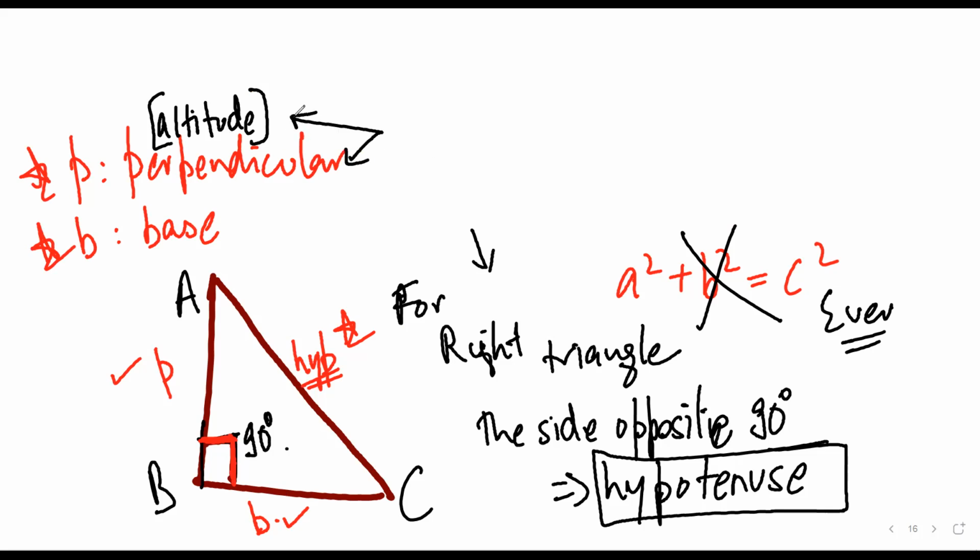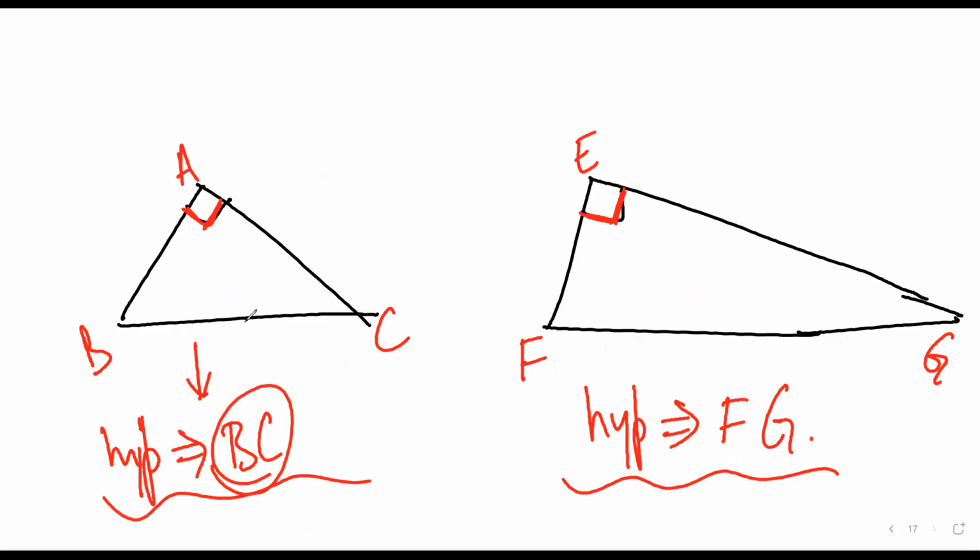Are we clear about the definitions, the perpendicular, base, and the hypotenuse? Yes, sir, very clear. So this would be hypotenuse always. Now, if I have a triangle like this, then I can say this to be perpendicular.